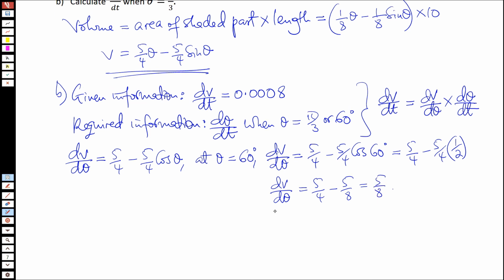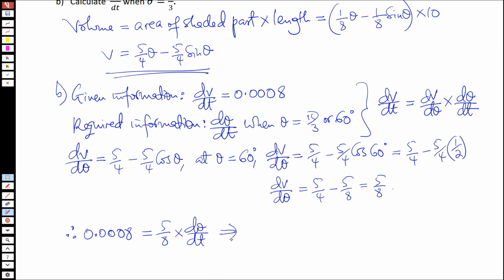Now, we can plug these two bits of information into this equation. So we can say, therefore, dv over dt, which is 0.0008, will be equal to dv over d theta, which is 5 over 8, multiplied by d theta over dt.